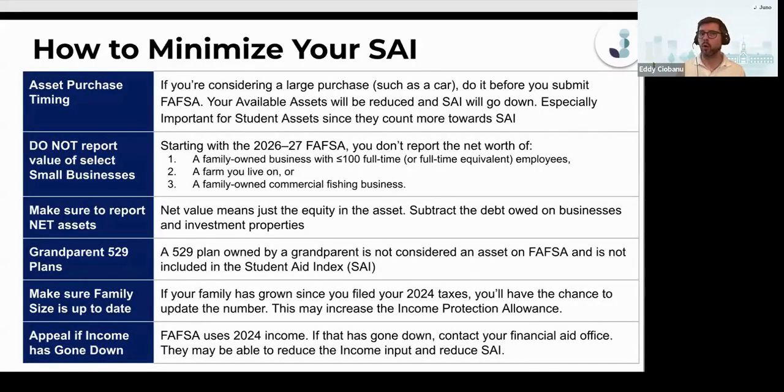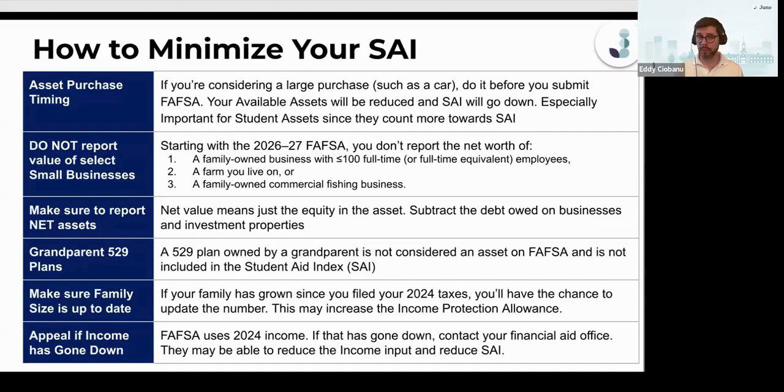Now, I don't want to overinflate this because, again, you saw that the maximum assessment rate was only 5.64% on parent assets. So it may not make a huge impact on the student aid index number, but it would have some impact, right? Particularly if you have a very large expense upcoming.